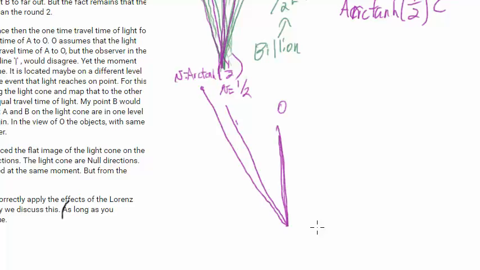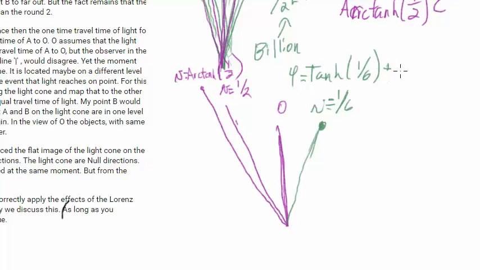So over here, if we're actually going to use v equals 1/6 and we wanted to find the region that has the same redshift as this object, we'd first have to take tanh of 1/6 to figure out what the rapidity was, and then add this velocity plus tanh of this velocity here, v equals 1/6, and that would be the difference in rapidity between this spot and this spot.